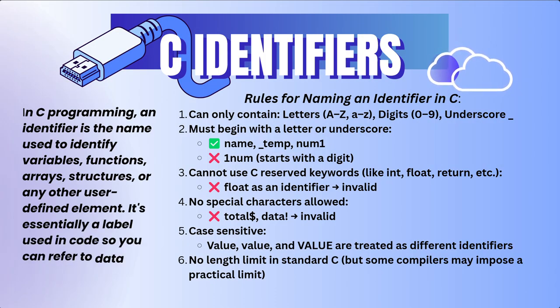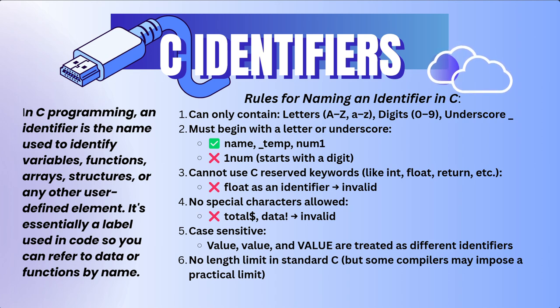First, we have C identifiers. In C, an identifier is a name which is used to identify variables, functions, structures, or any other user-defined element. It is essentially a label used in code so that you can refer to data or functions by name.